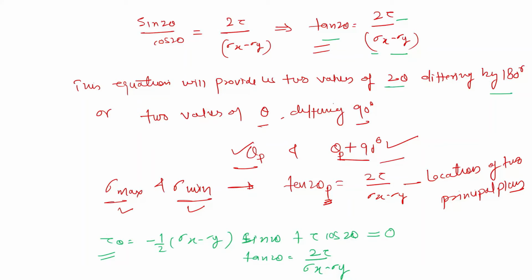So two planes we can find, one theta p and second theta p plus 90 degree. These planes will have maximum or minimum direct stress, and we also proved that these planes will have zero shear stress. In summary, principal planes have zero shear stress, these planes carry maximum and minimum direct stress, those stresses are known as principal stresses, and those planes are known as principal planes.